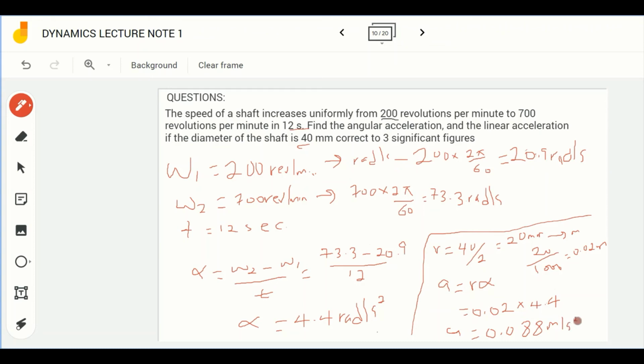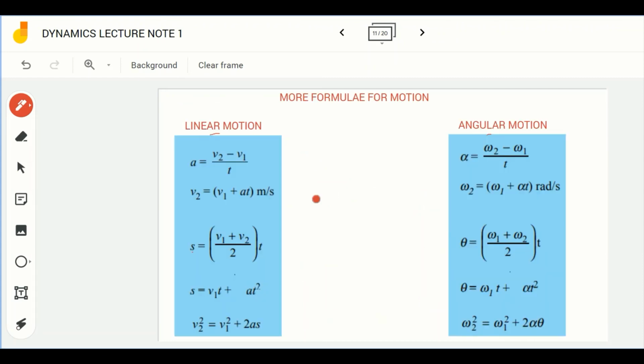Yes, so what you are seeing here are other formulas that we can use to solve for linear motion and angular motion. So guys, I want us to note these formulas. They are very, very important when solving questions relating to linear motion and angular motion. I gave us this formula already. We've seen this and we've seen this. All these are other formulas that you have to note.